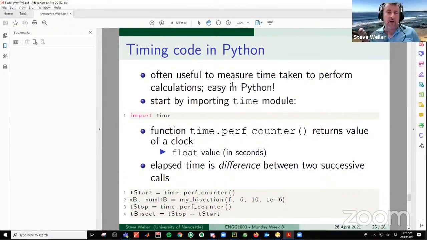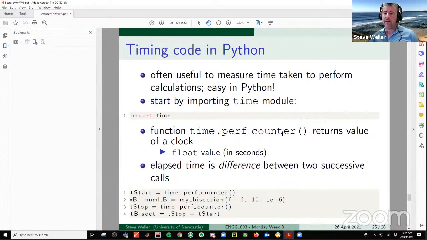So in order to time code in Python, we need a line in our code that we import from the time module. That gives us access to the functions inside this externally defined module called time. The time module has a range of functions. The only one of interest to us at the moment is the one called perf_counter.